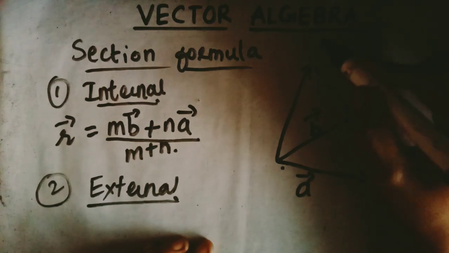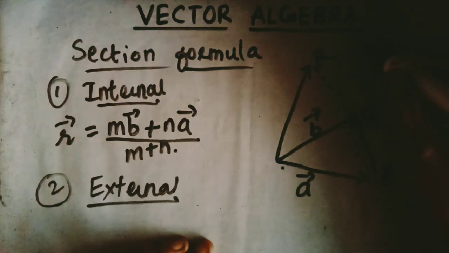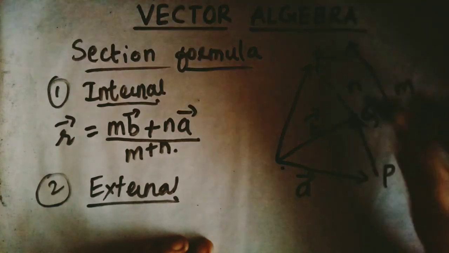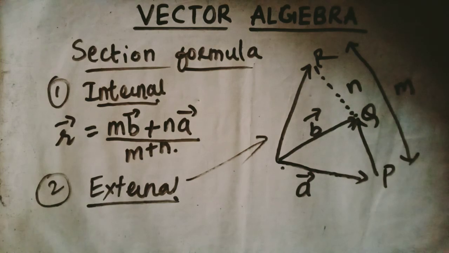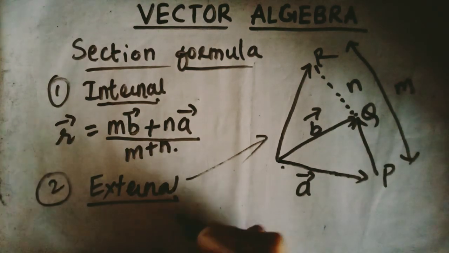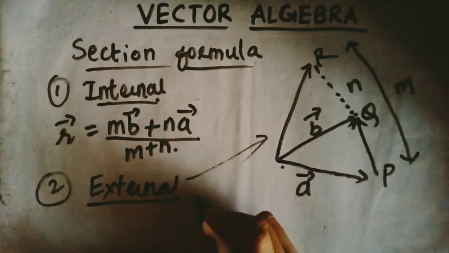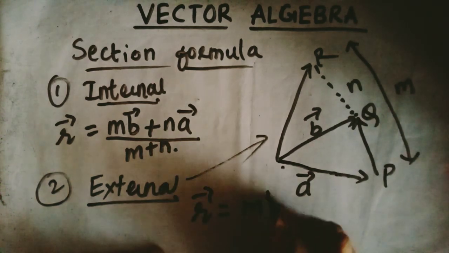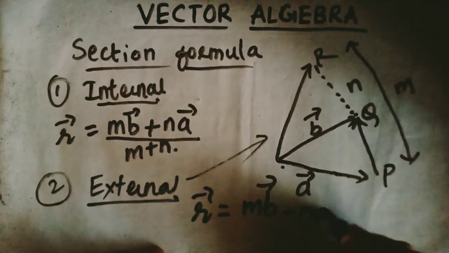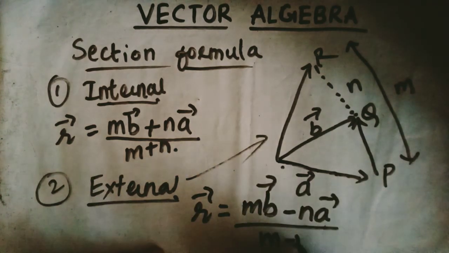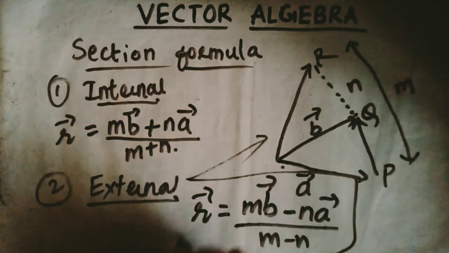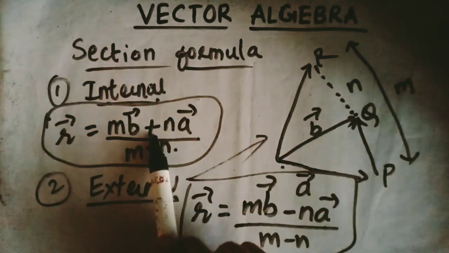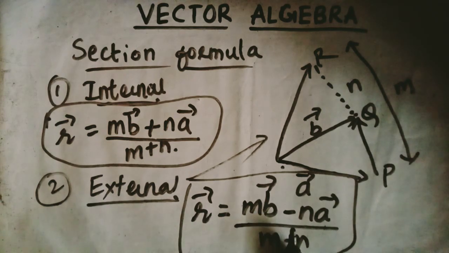So this is dividing PQ externally, and this is M and this is N. This time R is given by (MB minus NA) upon M minus N. So for internal it is plus, for external it is minus.